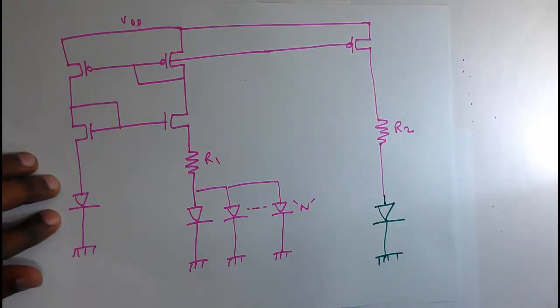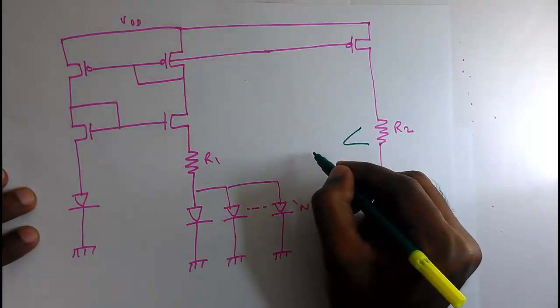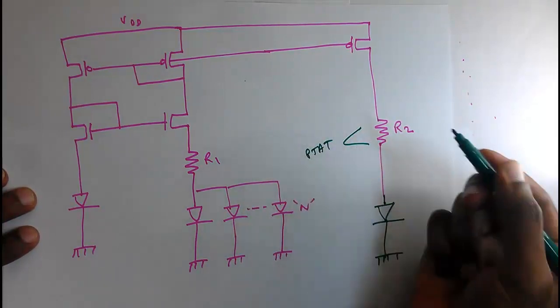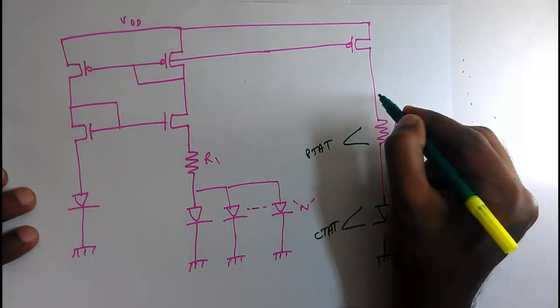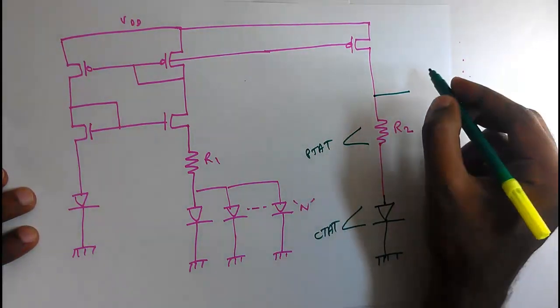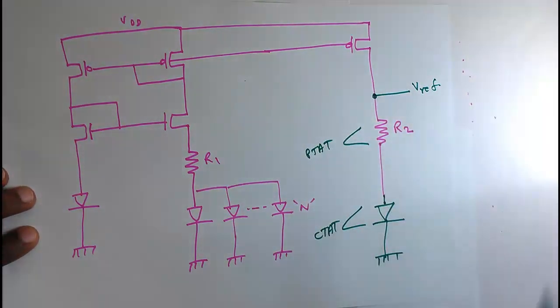Now the circuit that I drew in red color is the PTAT circuit, and what I drew in green is the CTAT. So voltage across this R2 is the PTAT, and voltage across this diode is a CTAT. And what we will get here is the reference voltage, that is V reference. That's the bandgap output voltage.